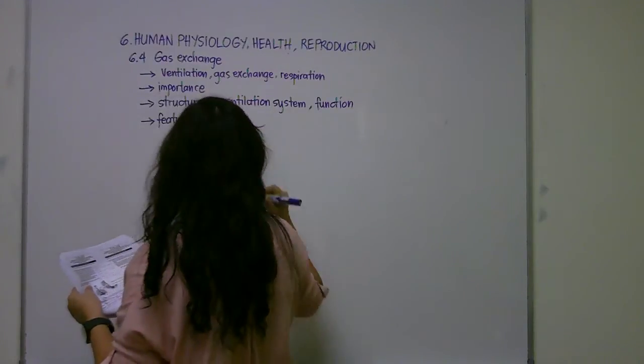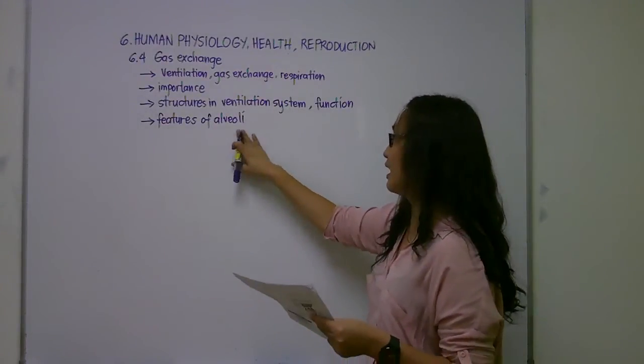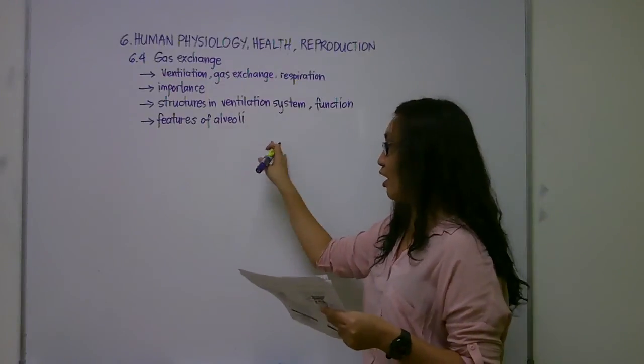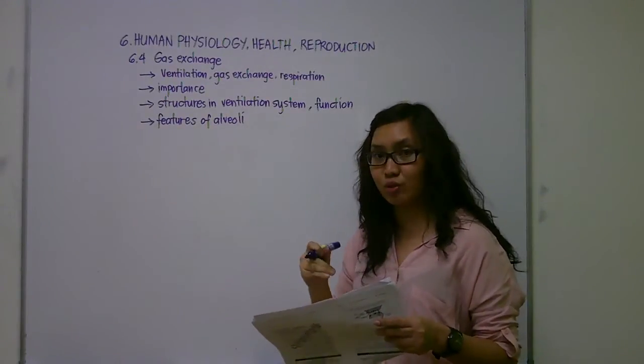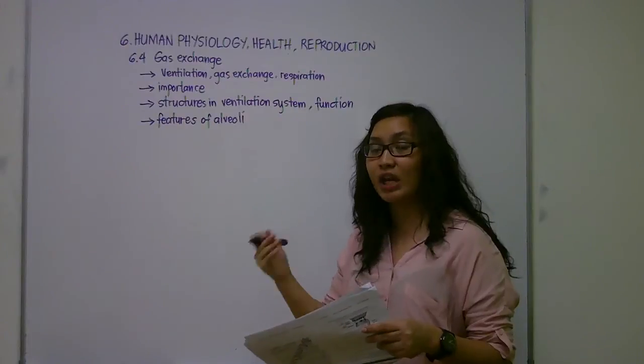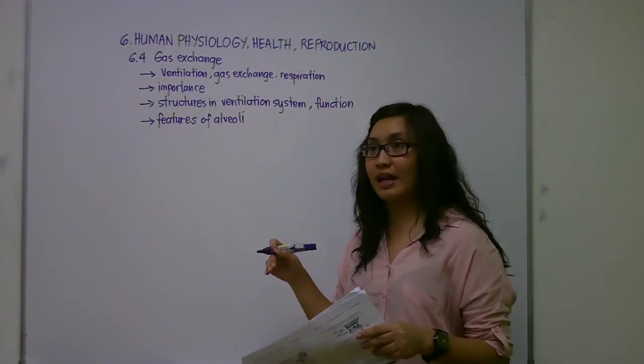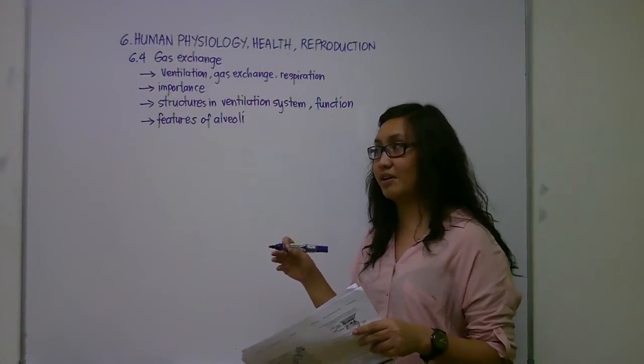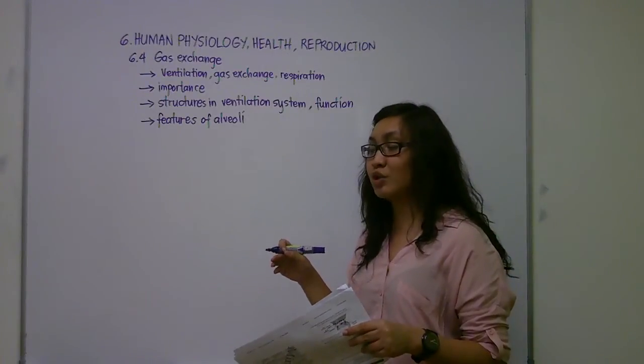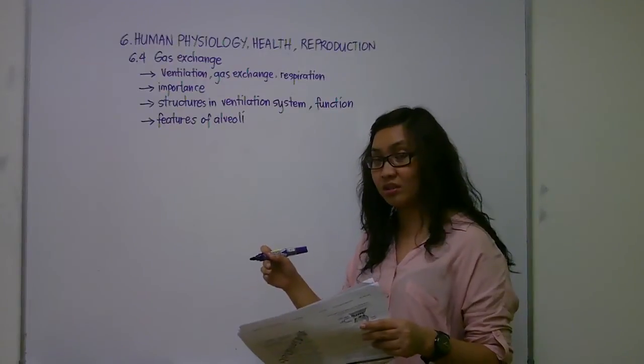We have to discuss that the structure of the alveoli is adapted to its function, which is gas exchange. The alveolus is just one cell thick, so the structure is very conducive for gas exchange. Okay?